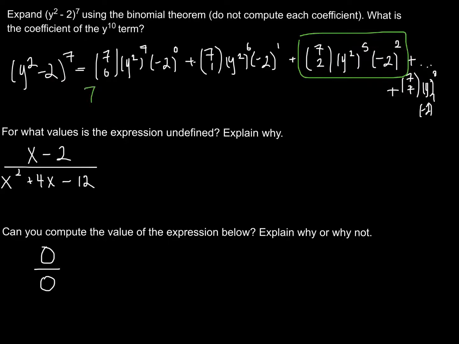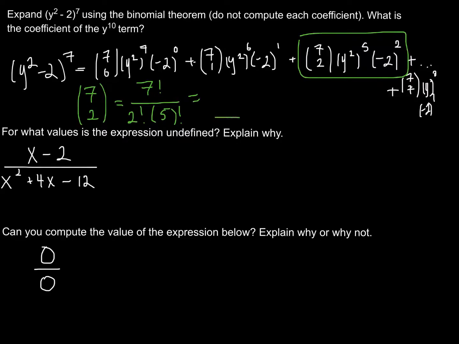So 7 choose 2, what is that going to be? So I'll have 7 factorial divided by 2 factorial times 7 minus 2, which is 5 factorial. And you can go ahead and go on your calculator and figure that out. I encourage you to go ahead and do that. Then we also have negative 2 squared.